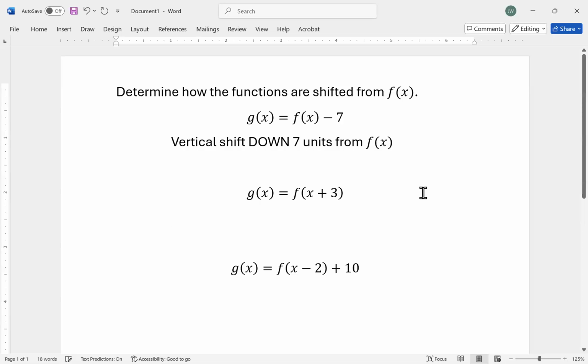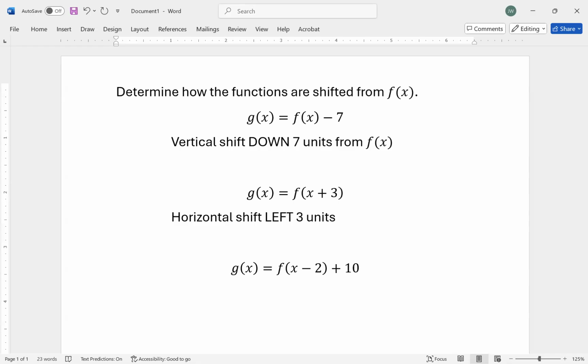Now the next one, we have x plus 3 on the inside. This is where people often get things messed up. It's a horizontal shift. Now it's actually left 3 units.